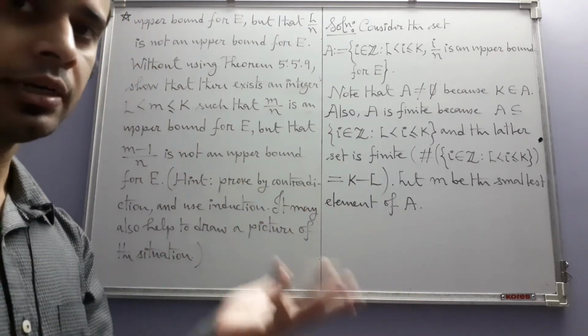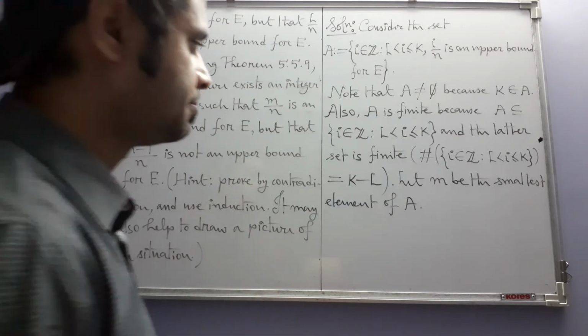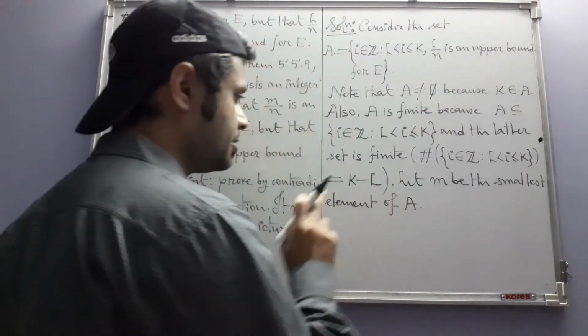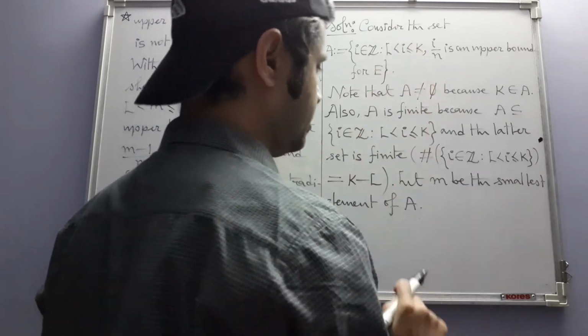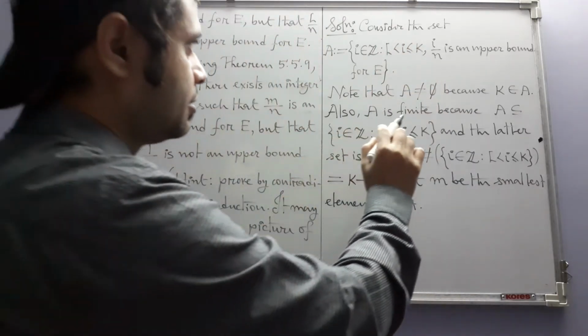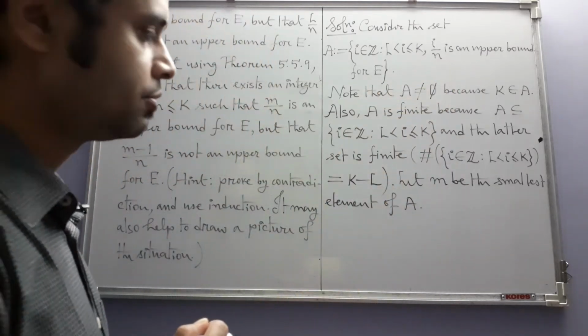First, M is an element of A, and the second thing is that M is the smallest element of A. So because M is an element of A, M satisfies these inequalities. In place of I, we can put M, and M divided by N will be an upper bound for E.